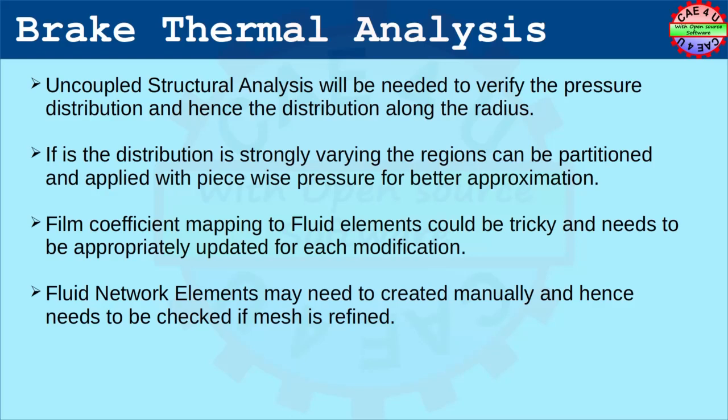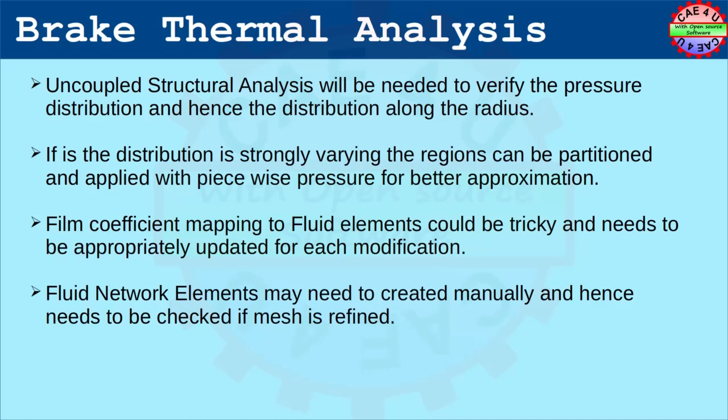The film coefficient mapping of fluid elements could be tricky and it needs to be updated for each modification, which means this is a challenge from the software being used, that is CalculiX. The user needs to be a bit careful in modifying these film coefficient files so that they are mapped properly.